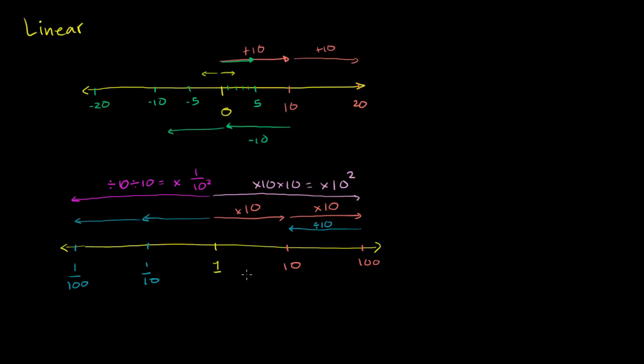So if you wanted to say where would 2 sit on this number line, actually, a better place to start might be to ask where does 100 sit on that number line. I would say, how many times do I have to multiply 10 by itself to get 100? That's how many times I need to move this distance.